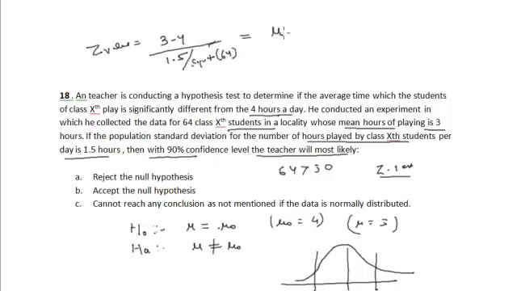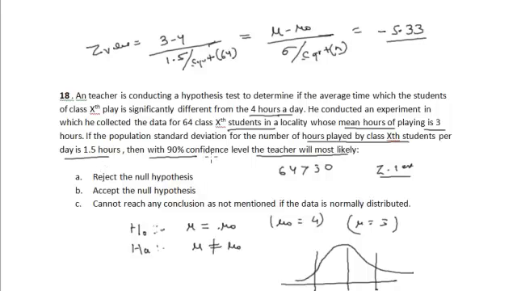So it is actually equal to mu minus mu naught divided by sigma by square root of n. So it will be equal to minus 5.33.